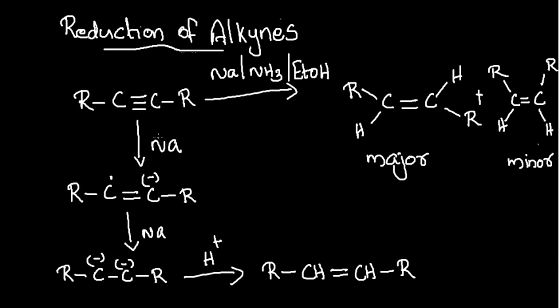Then when sodium transfers one electron to one carbon, it will convert it into an anion and the other carbon remains a radical. Then it is again treated with sodium to transfer one electron to this radical anion and it will convert it into a 1,2 dianion. This is our 1,2 dianion.